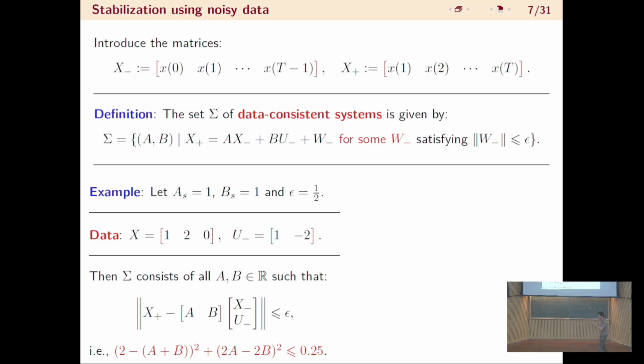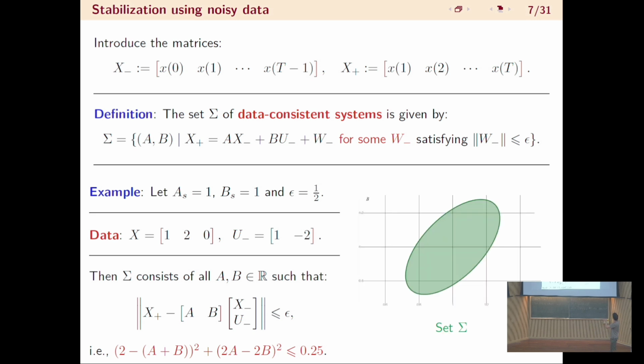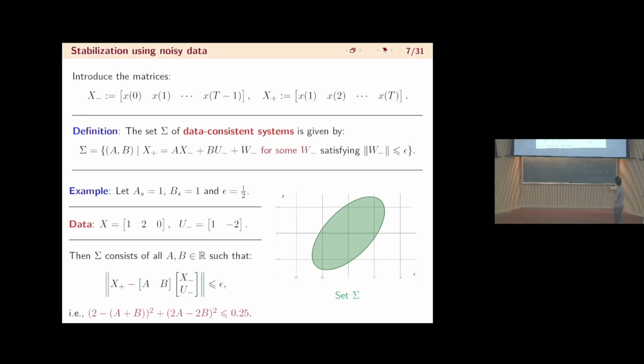But you see that we obtain this inequality in terms of A and B and epsilon squared. Well, we can also plot now the set of systems which satisfy this bound. And it's this ellipse over here. So this green region consists of all A, B pairs in the set sigma.